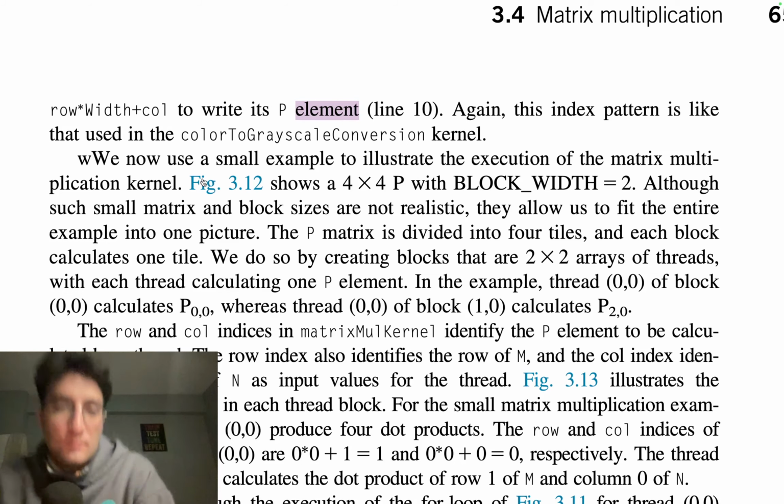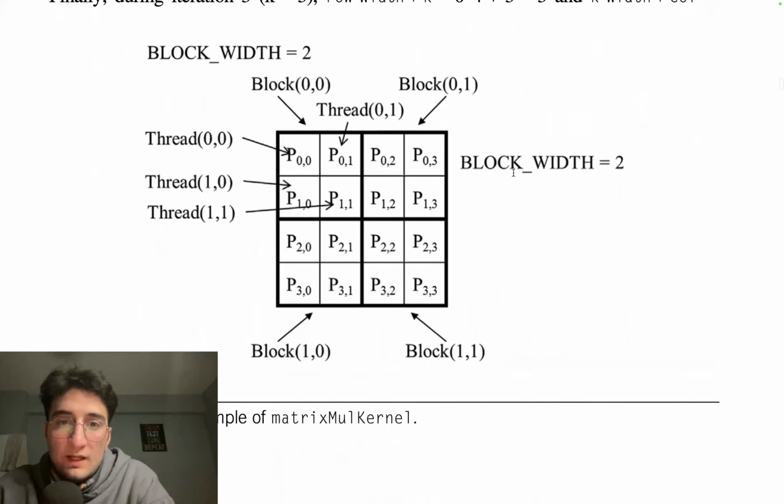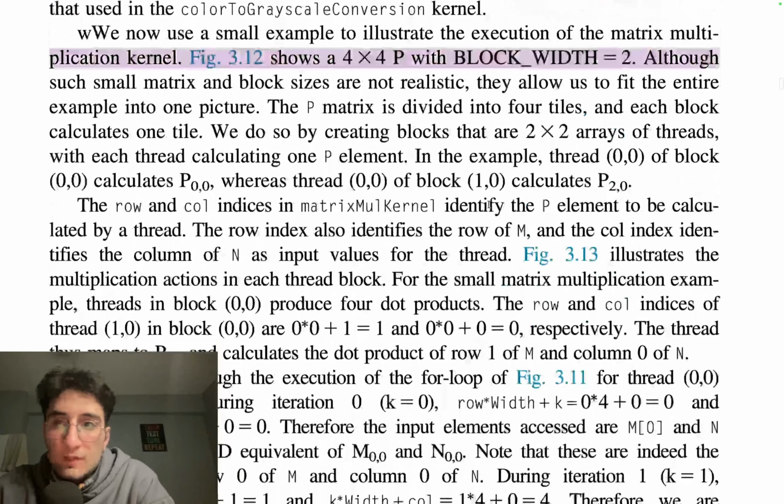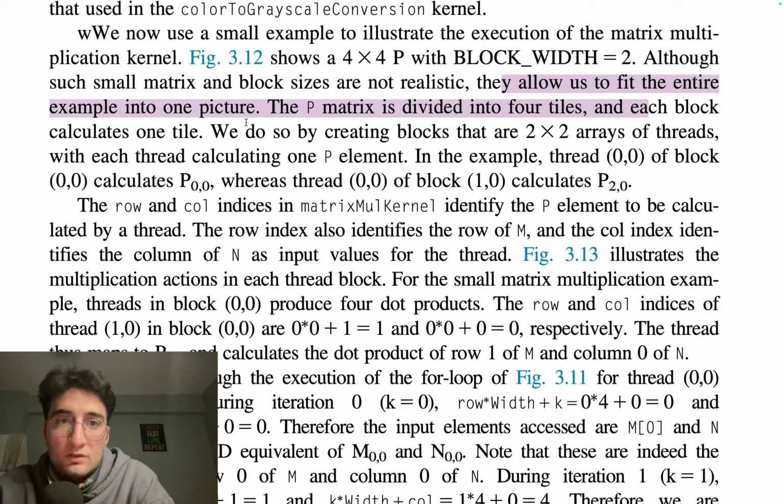We now use a small example to illustrate the execution of the matrix multiplication kernel. Figure 3.12 shows a 3 times 3 P matrix with block width 2. Although such small matrix and block sizes are not realistic, they allow us to fit the entire example into one picture.